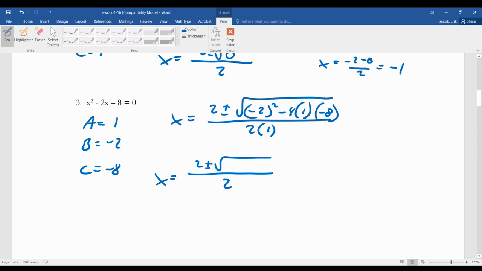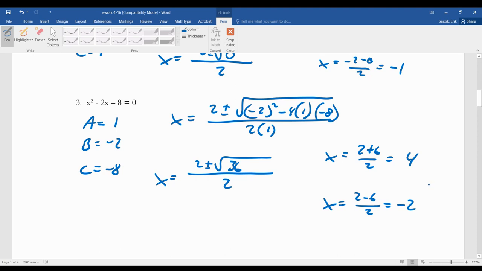So what's in the square root here ends up coming out to 36. Now, of course, the square root of 36 is 6. So we now have to do 2 plus 6 over 2, which would give us 4. And now we have to do 2 minus 6 over 2, which would give us -2. So there are our answers here.